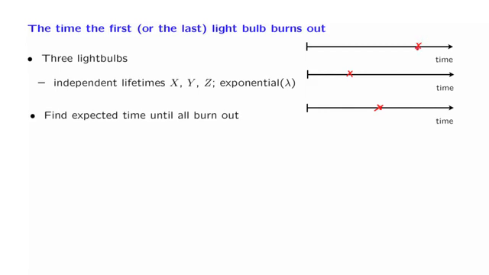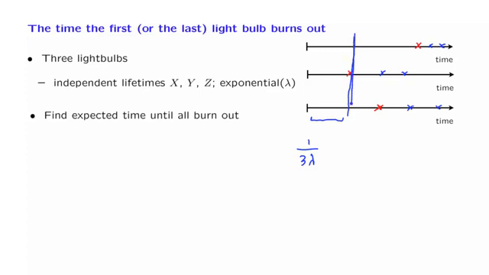Once more, we will be thinking of these burnout times as the first arrival times in Poisson processes. The total time until the third burnout can be split into different periods. There's a time until one light bulb burns out, and the expected value of this period here is going to be 1 over 3 lambda.